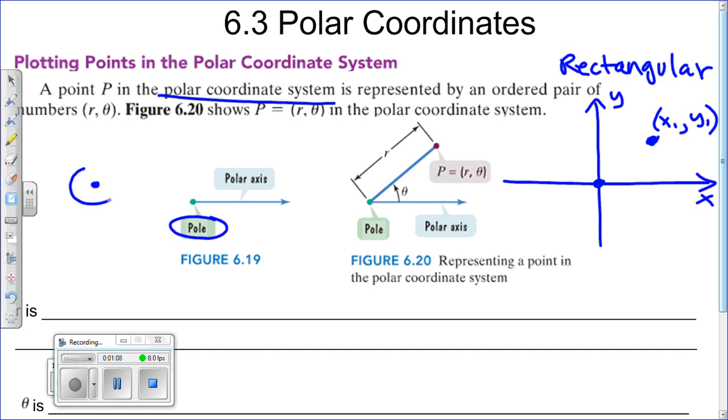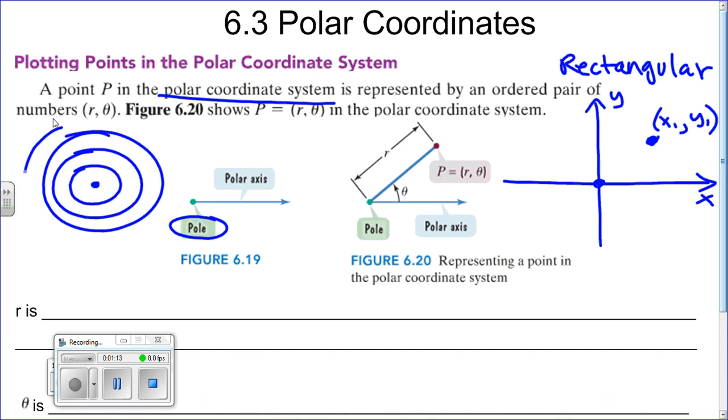And then we will have circles, and each circle is going to represent a radius. For example, the first circle, the radius will be 1. For the second circle, the radius will be 2, and so on. So that's radius 3, radius 4.